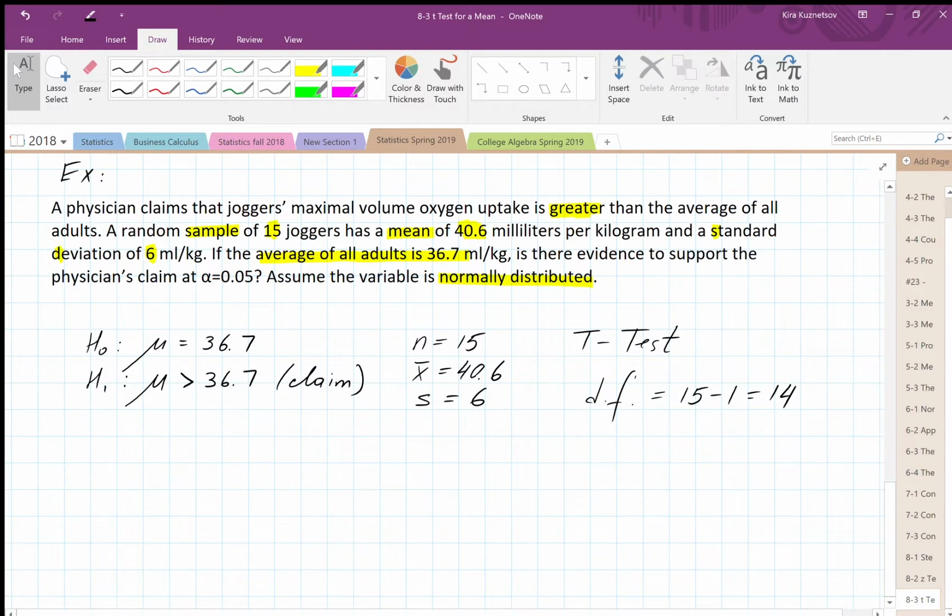At this point, we're ready to run the test. For stat, over to tests, click tTest, choose stats because you're given statistics. Under mu sub 0, you will put 36.7.